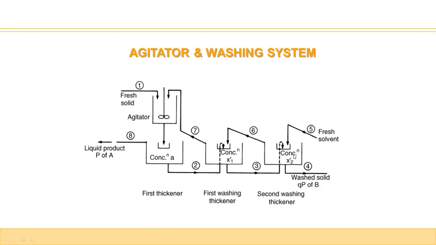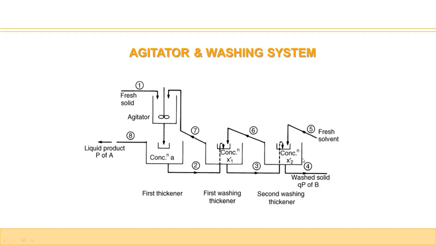That's where our solid is being introduced. Our solvent is numbered based on the particular thickener from which it is coming. Since this is thickener number 3, this particular fresh solvent will have a subscript of 4, because this is understood to be coming from thickener number 4.